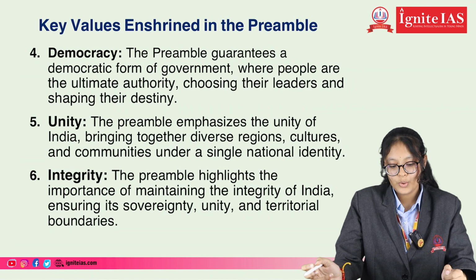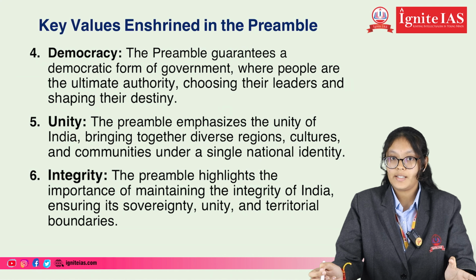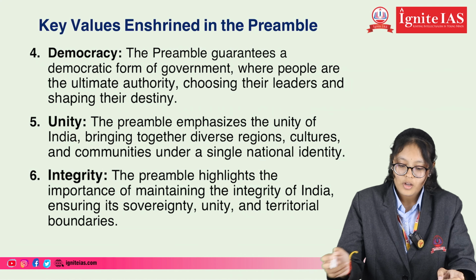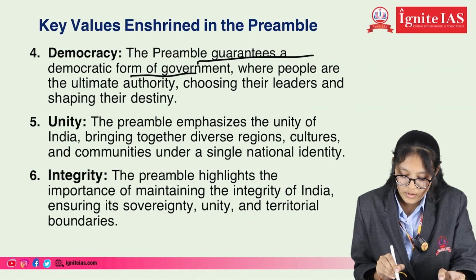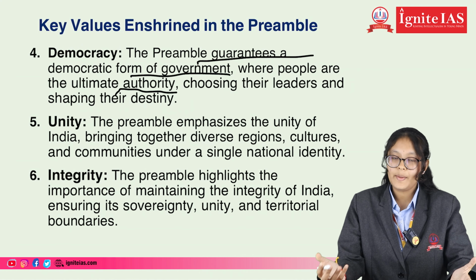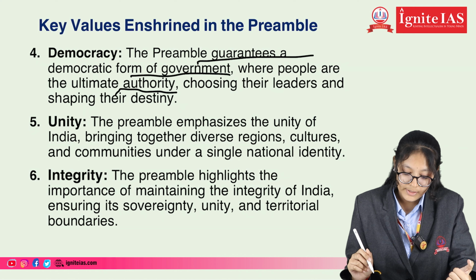Next key value is democracy. In Greek, demo means people and kratia means rule. So this means rule of people, where people have the ultimate authority in electing their own representatives and shaping their own nation. Next is unity.